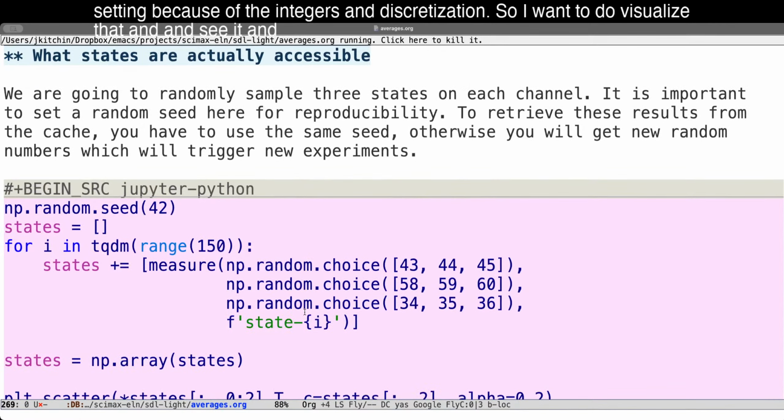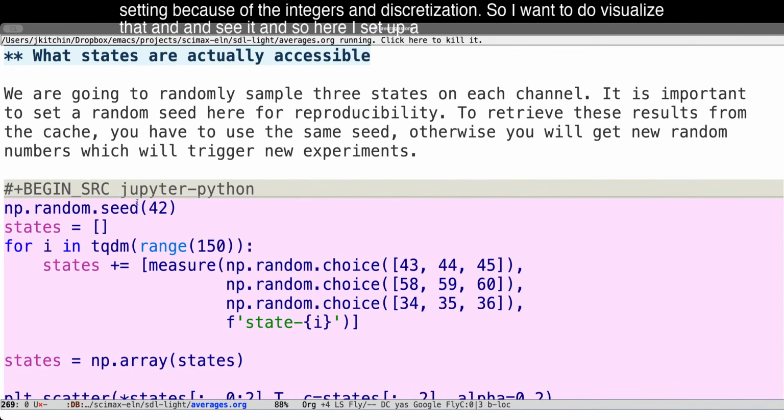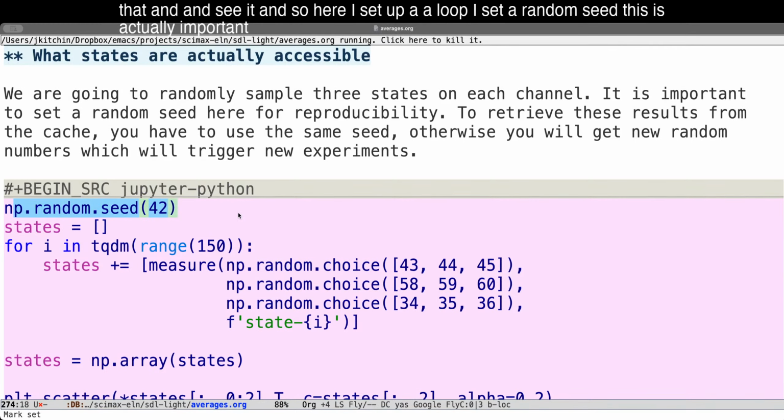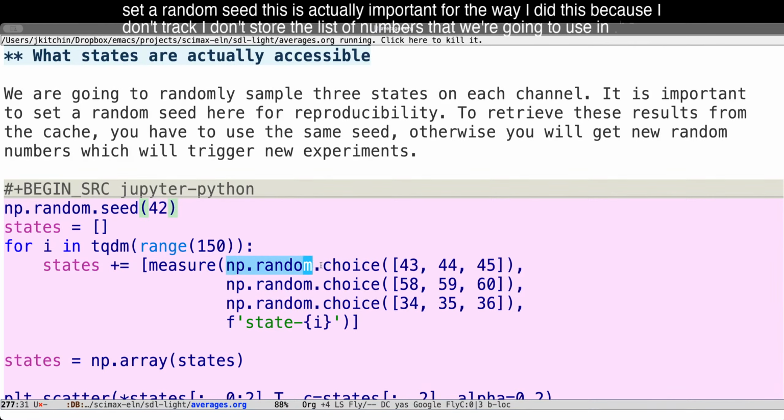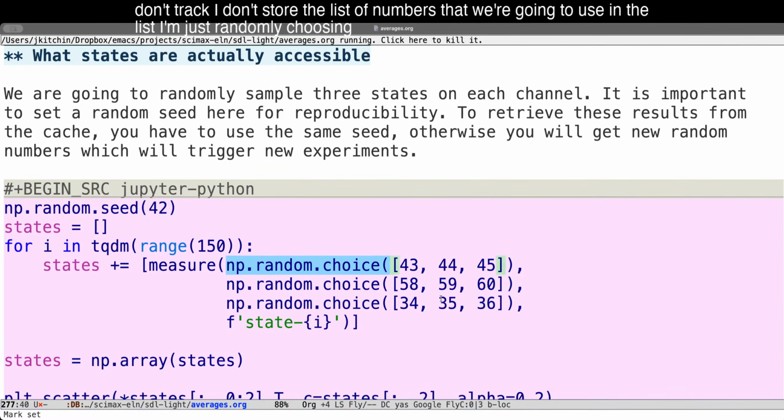And so here I set up a loop. I set a random seed. This is actually important for the way I did this because I don't store the list of numbers that we're going to use. In the list, I'm just randomly choosing one of these 3 states for each RGB setting.